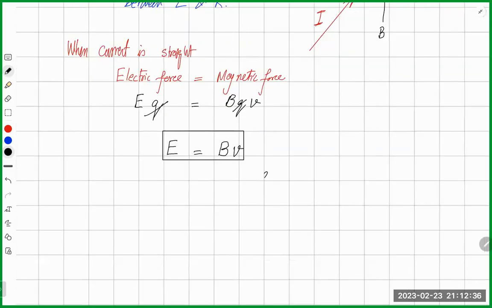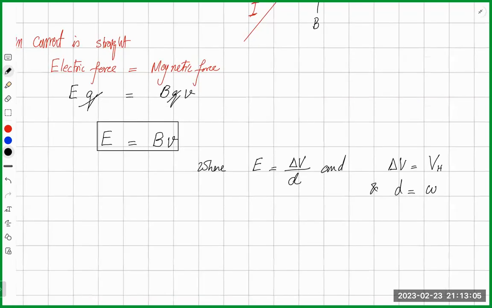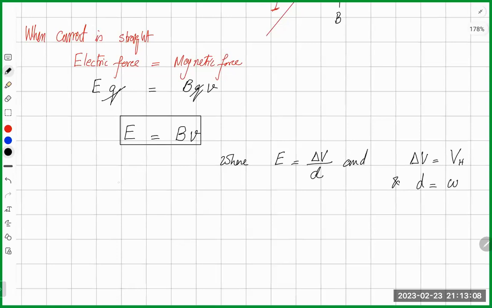where E is potential difference over distance, and in this case, potential difference is Hall's voltage. We call it VH, and distance is W. Between the sides which develop that potential difference, the distance is W. That will make E, Hall voltage over W, equal to Bv.